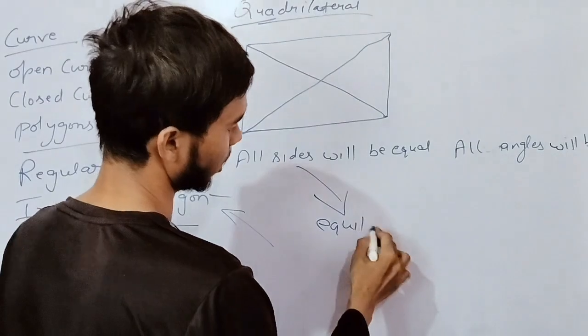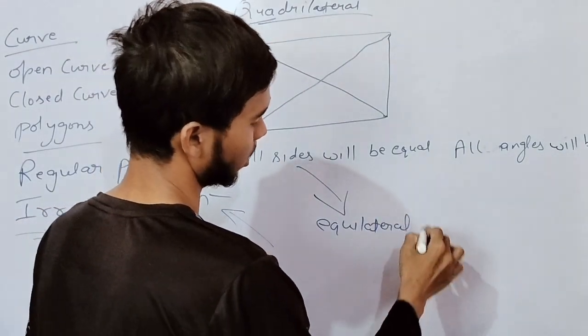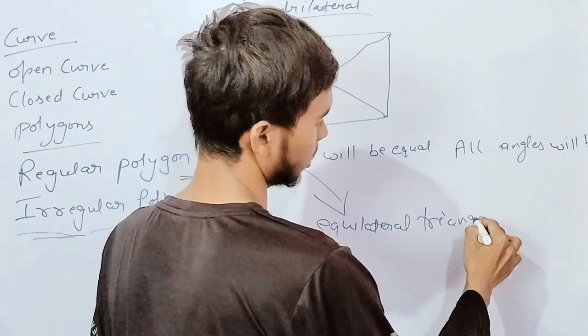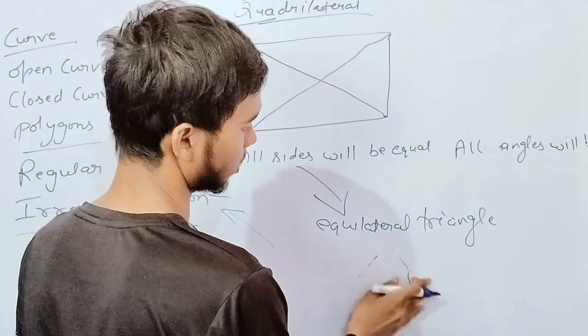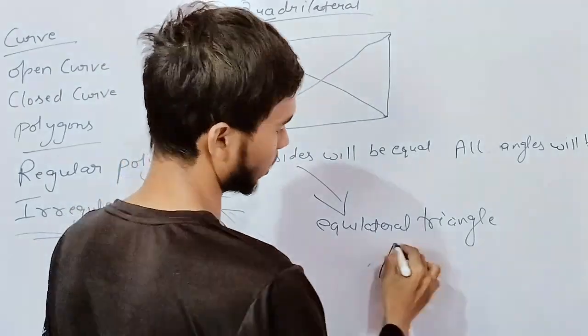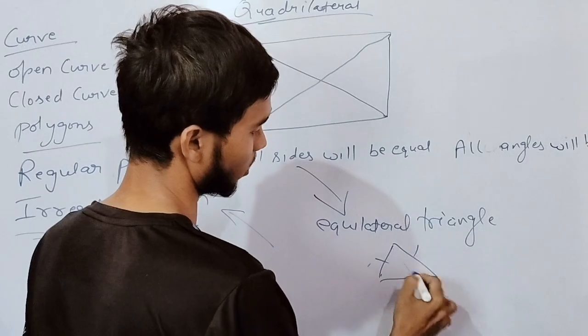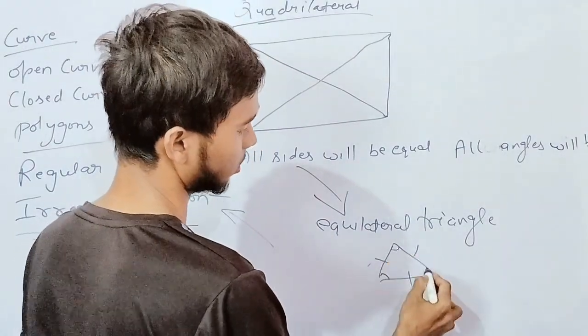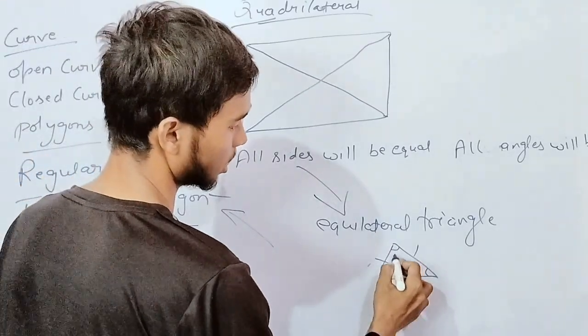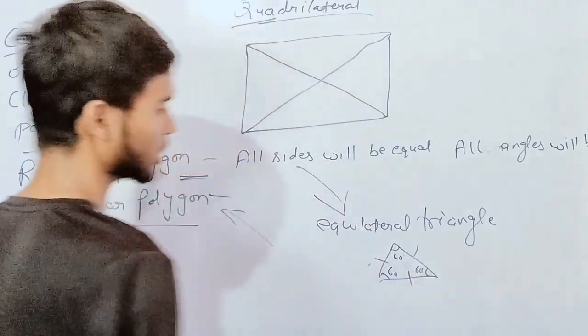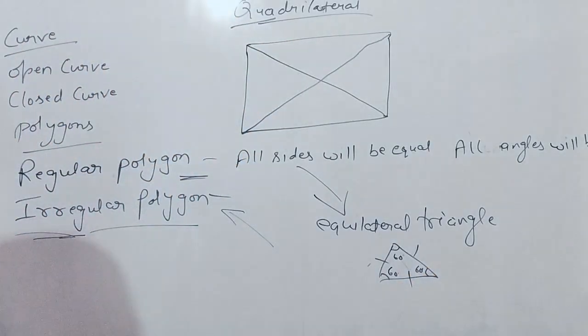An equilateral triangle. Yes, it is true. An equilateral triangle means all sides will be equal, and angles will be equal too. This is 60, this is 60, this is 60. Yes, it happens in an equilateral triangle. That's why it can be considered a regular polygon.